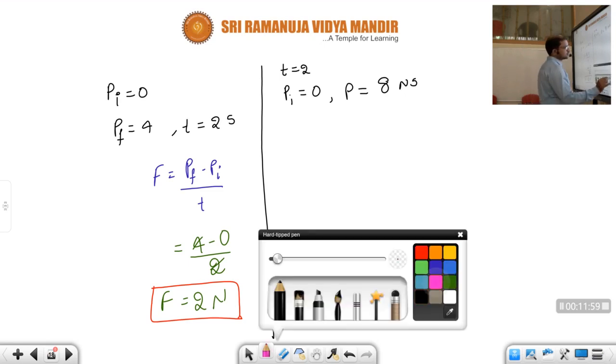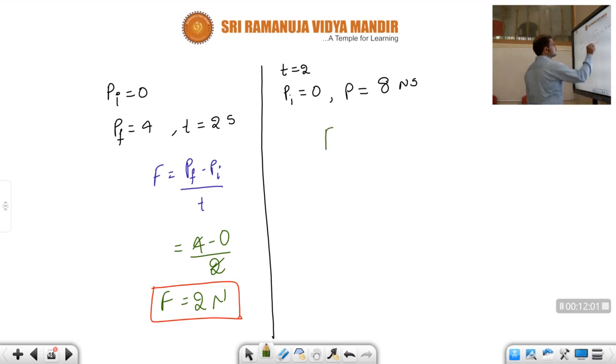So what do we get for force? 8 minus 0 by 2, means 4 Newton. So F is equal to 4.